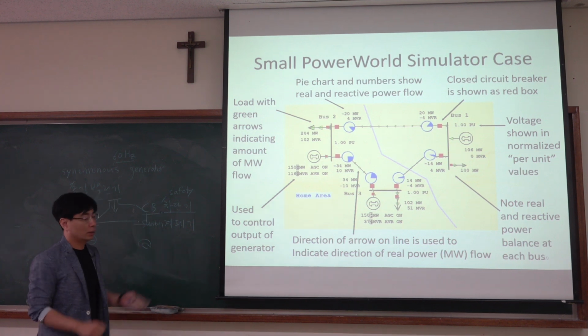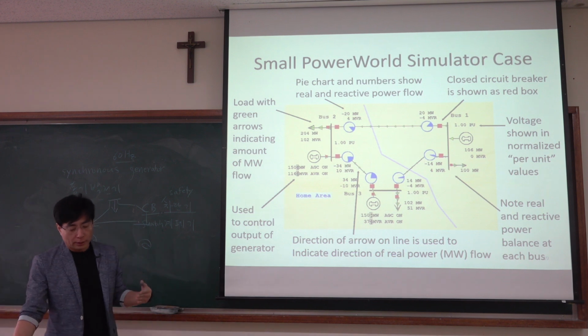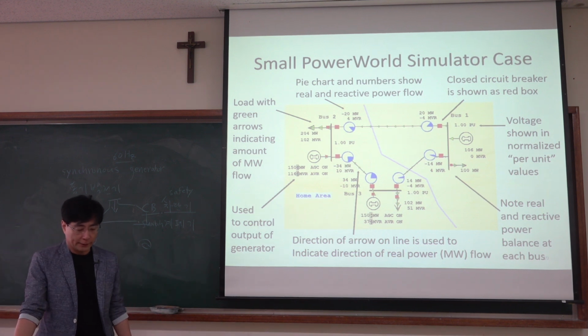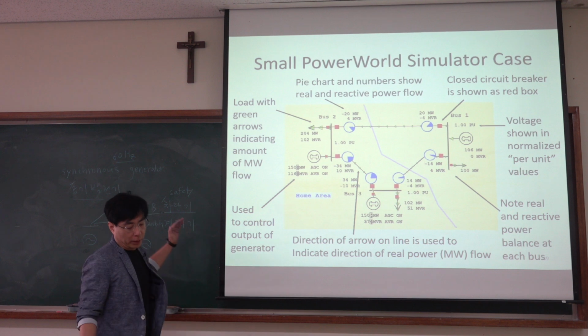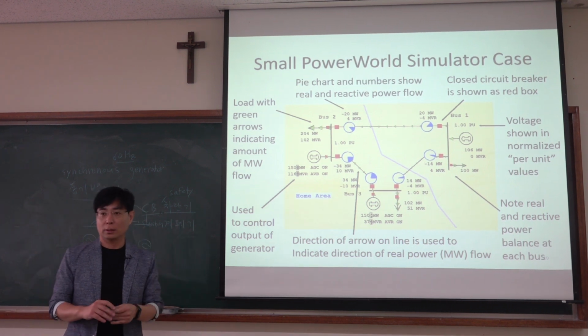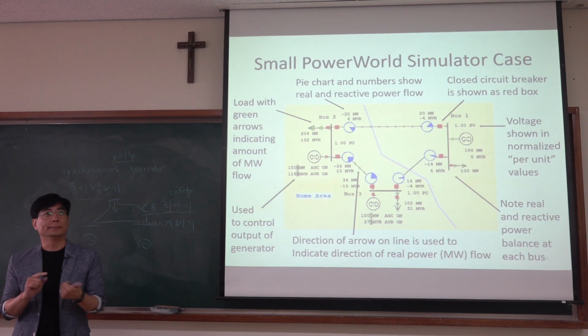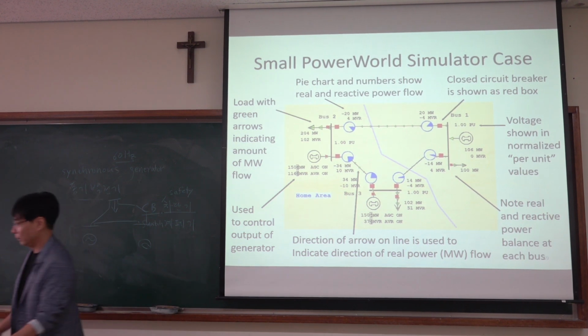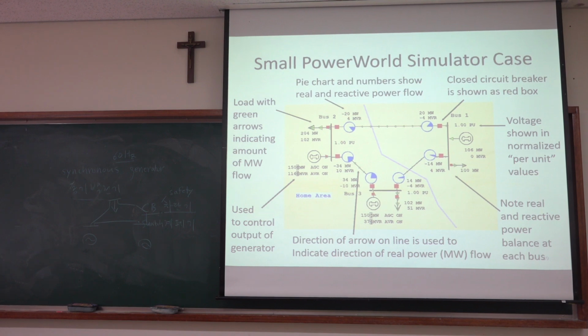So this circuit breaker is made from some mechanical, how can I say, this circuit breaker is made from some mechanical mechanism. It sounds weird, but so air circuit breaker. So there are different types of circuit breakers. Let's see that.